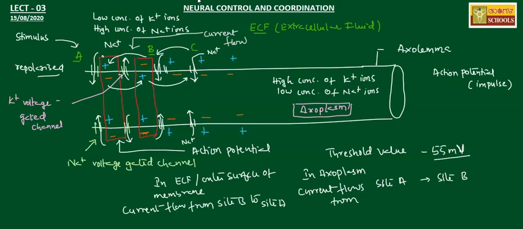So at point B also, the movement of the potassium ions back into the ECF will make that point come back to the normal state. So now at that point the charge comes back to normal.